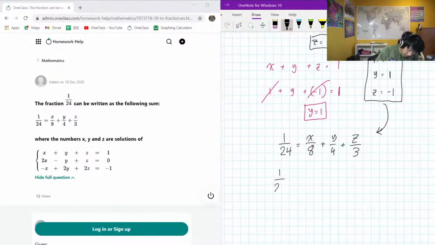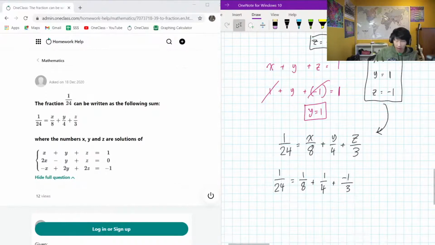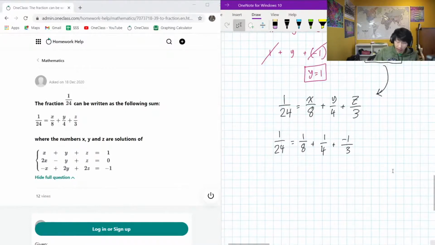1/24. So x is equal to 1, so 1/8, plus y is 1, so 1/4, plus -1, which is z over 3. To make this true, let's take the right hand side and make them all denominator 24.